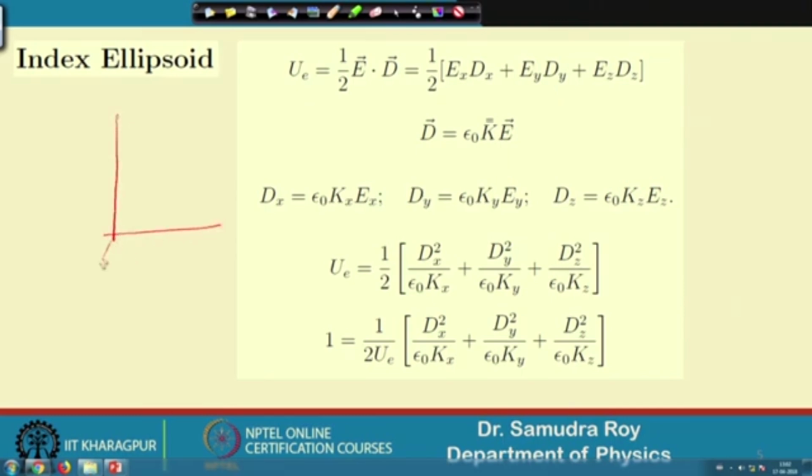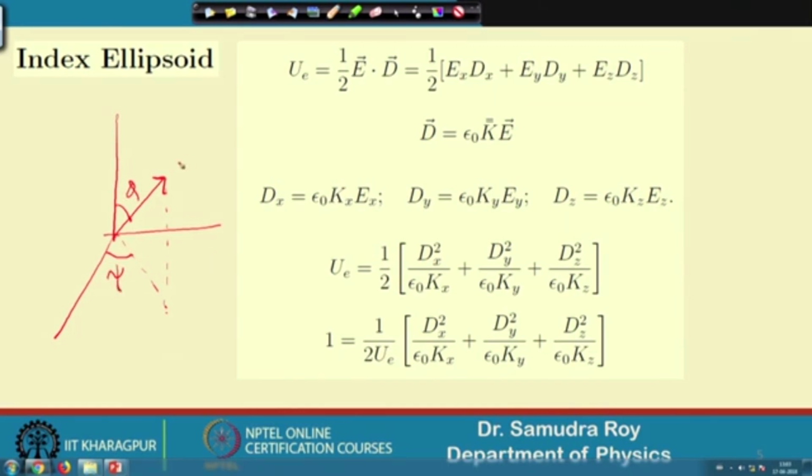So far I was restricting the k vector in this plane, but here I try to launch the k vector at some angle here and also some azimuthal angle here. If this is phi, I have another angle psi.